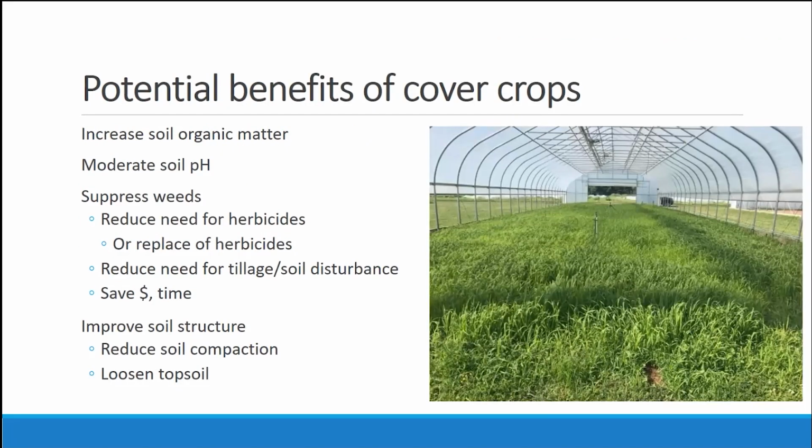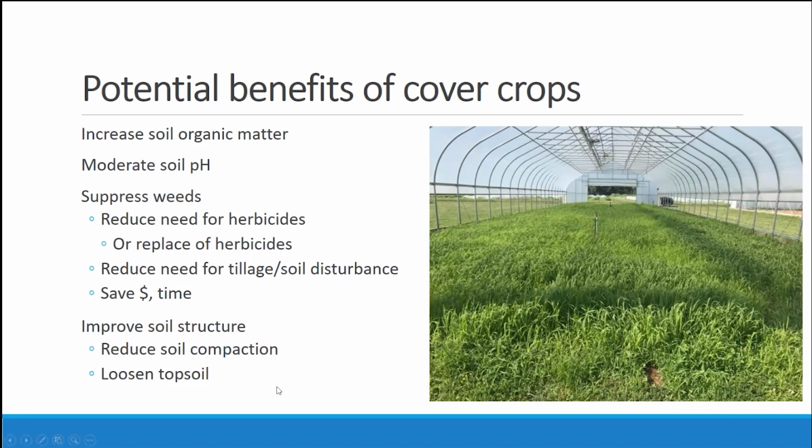So the benefits of cover crop extend well beyond weed management, but in particular, they can suppress weeds. They could potentially reduce the need for herbicides or replace herbicides entirely, reduce the need for tillage or soil disturbance, and they improve the soil structure, right?